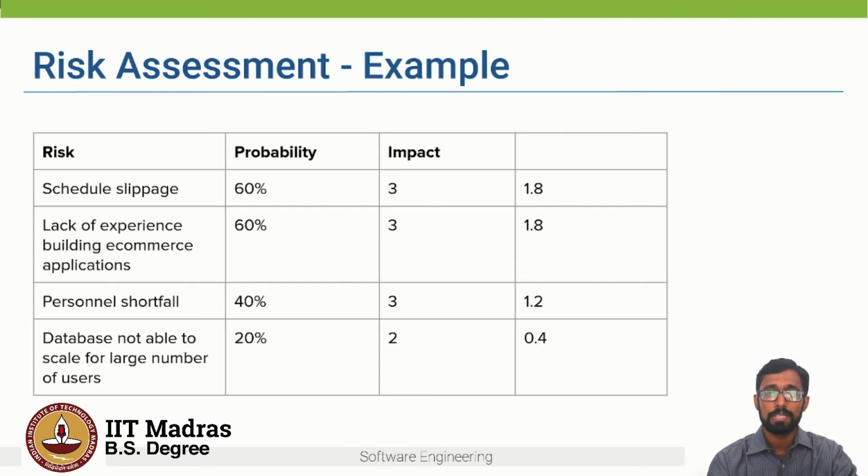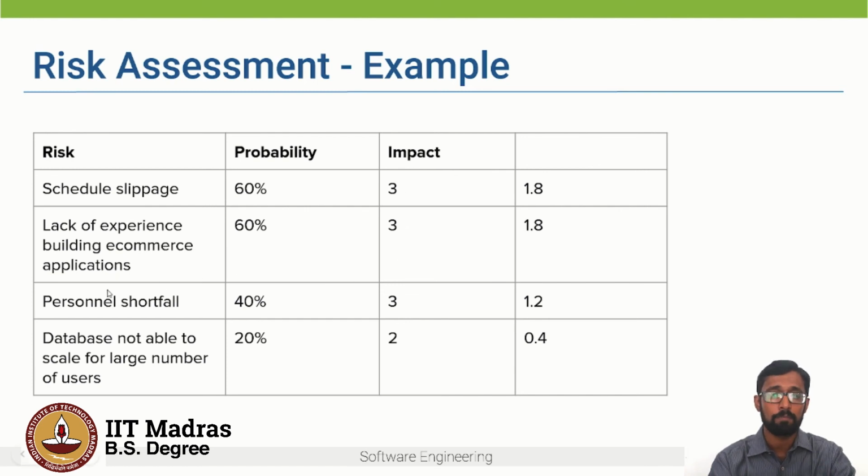So let's take the example of the seller portal, right? So maybe as a project manager, I decide that schedule slippage and lack of experience building e-commerce applications are serious risks, and their impact is also high.